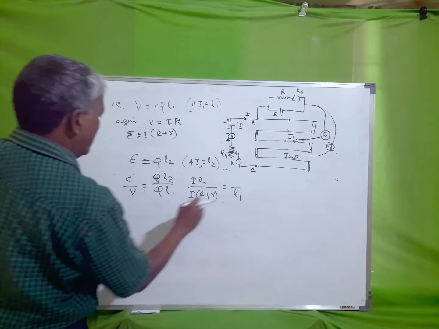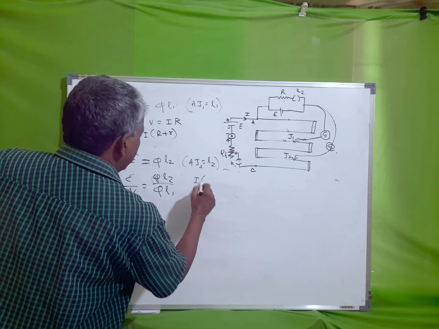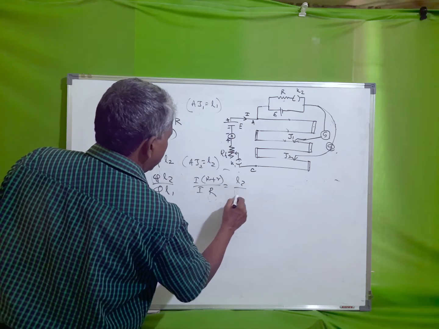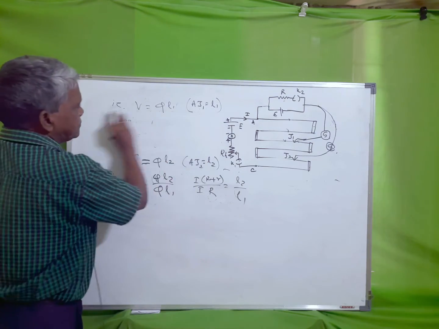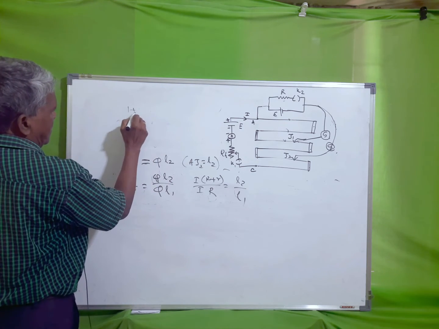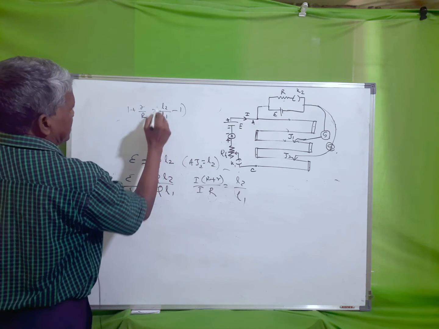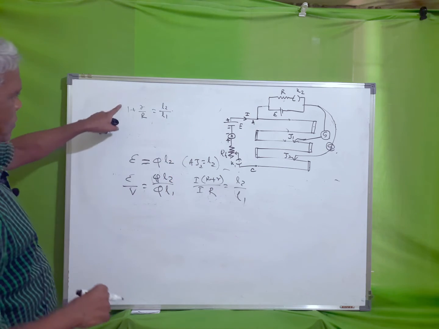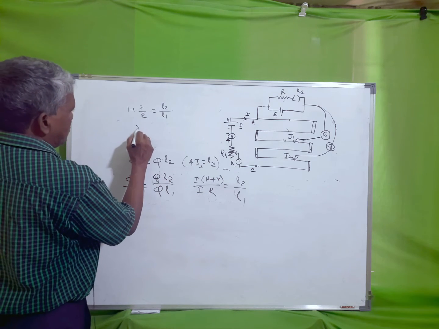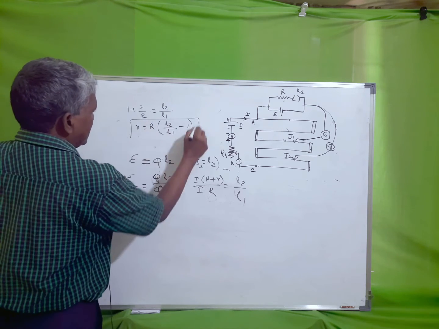So I into R plus r by I R is equal to L2 by L1, or 1 plus r by R is equal to L2 by L1, or small r is equal to R into L2 by L1 minus 1.